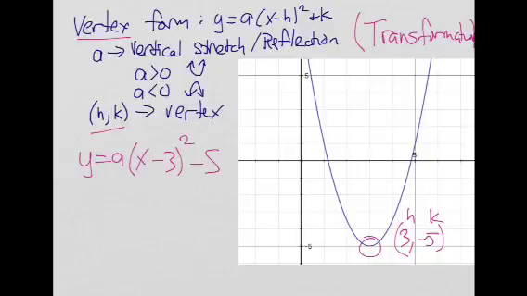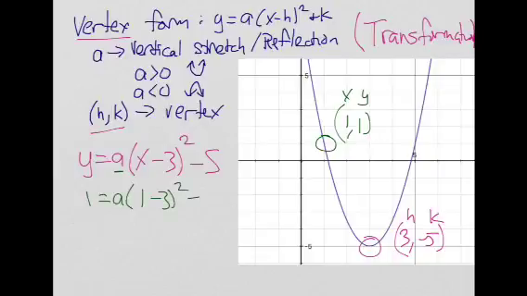It's not too bad. The trick is, I only need to find one thing, so I only need one point to do that. So I'm going to find some point besides the vertex that I can read the coordinates very nicely off the graph. So I'll take a look at that point. That's the point 1, 1. So I'll plug that into my equation for x and y. 1 equals a times 1 minus 3 squared minus 5.